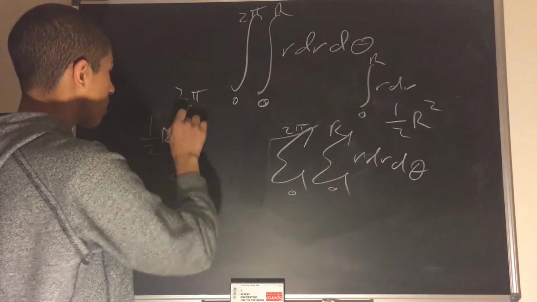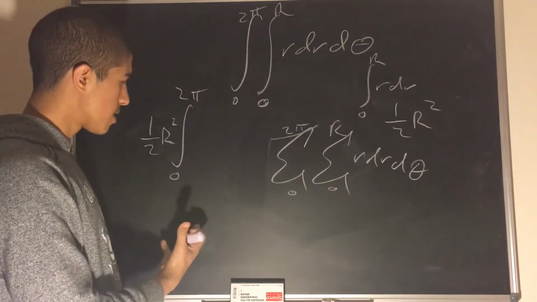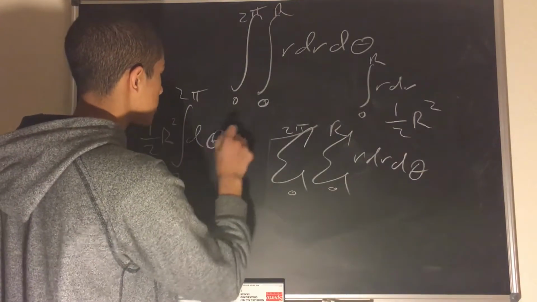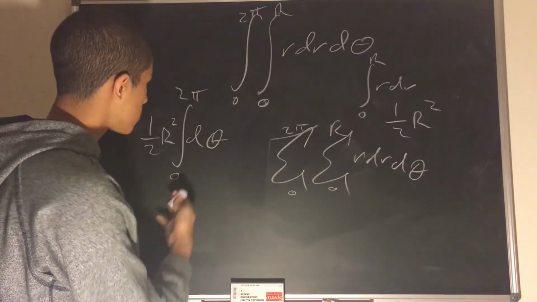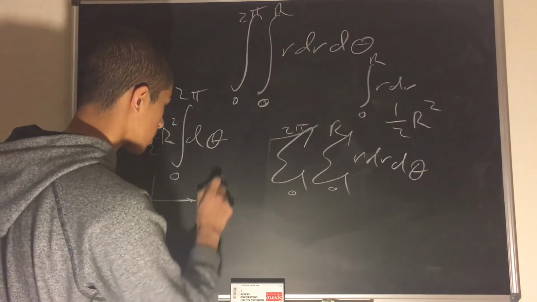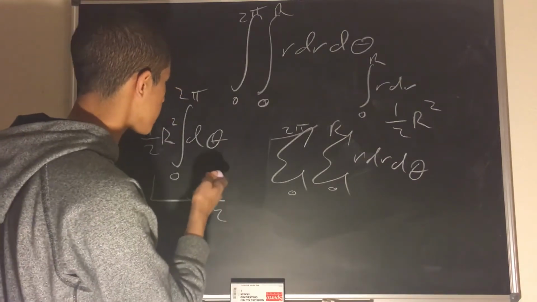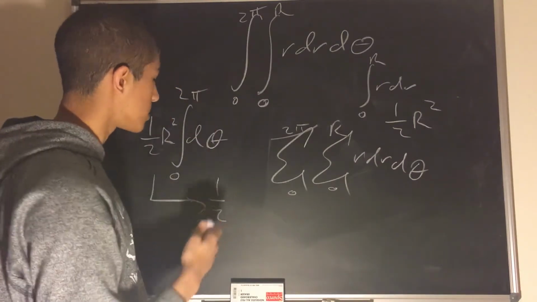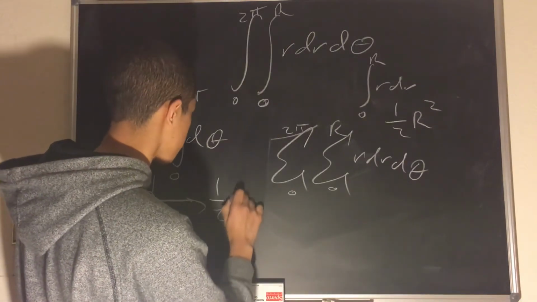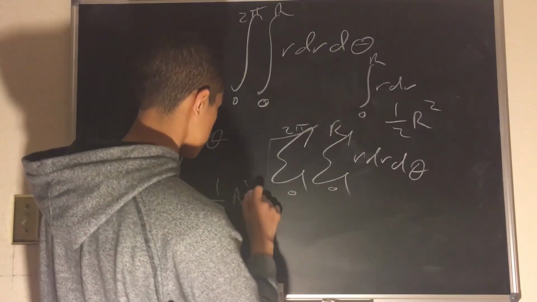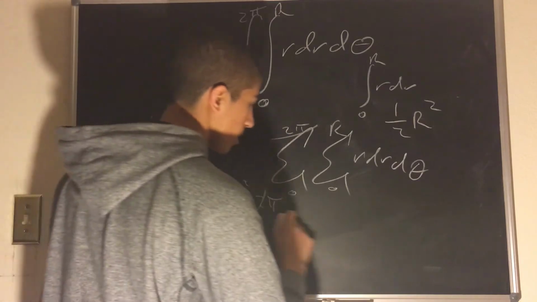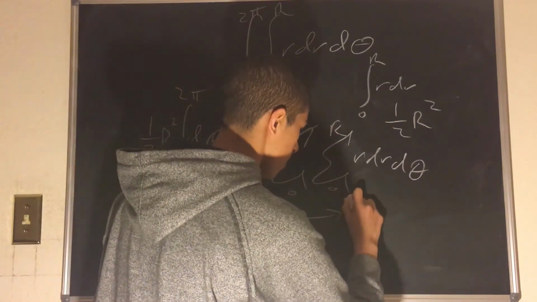So half R squared multiplied by the integral 0 to 2 pi of d theta. And integral 0 to 2 pi d theta is simply theta, which is 2 pi. So half times R squared times 2 pi. And the half and the 2 cancel out, and we're left with pi R squared.